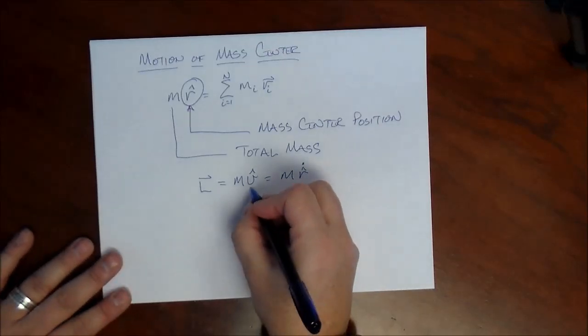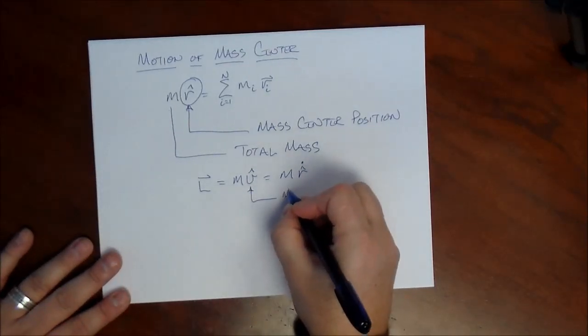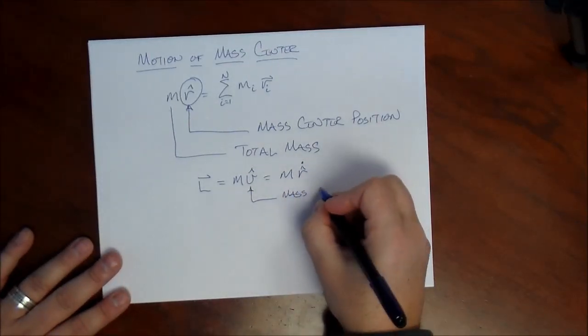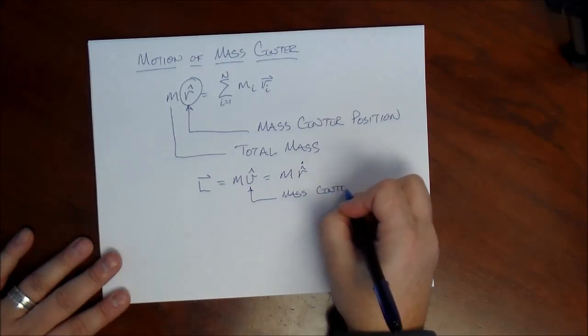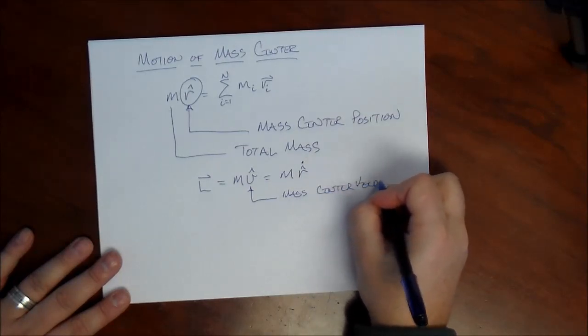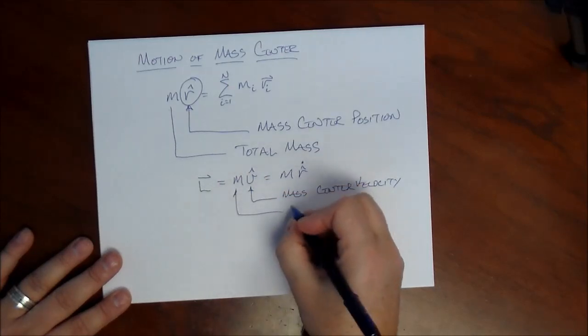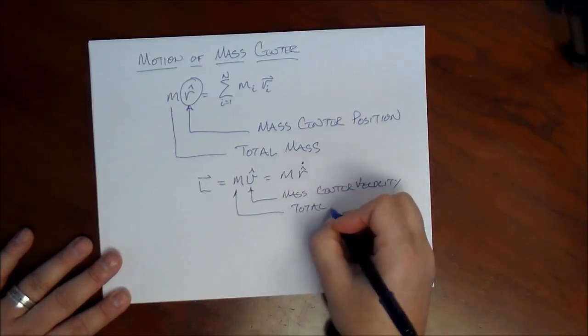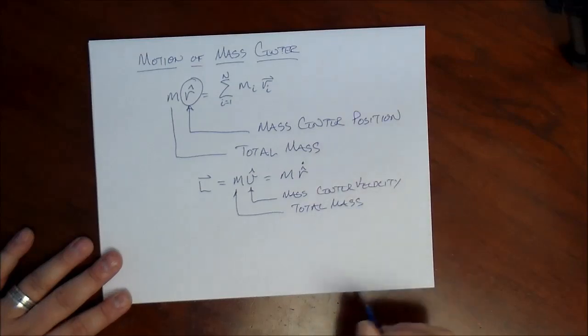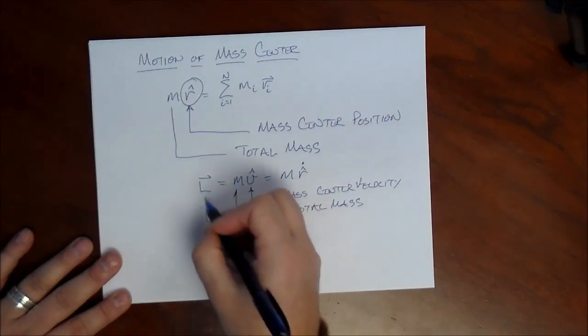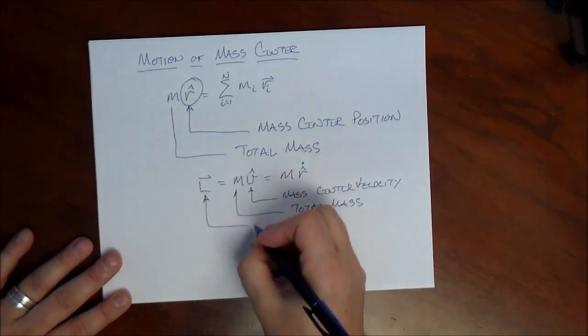Okay, so this is the velocity of the mass center for the system. And this is the total mass of the system. Right, and this is the linear momentum of the system.